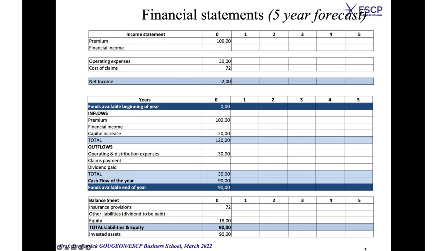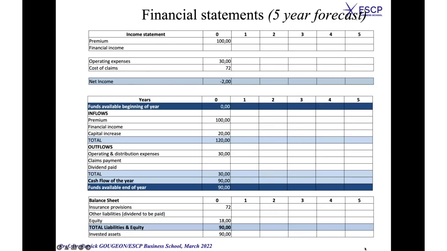So the cash flow for year 0, the immediate cash flow when you start, is 90. Why? You have 100 of premium, you had 20 of equity which is injected, and you take out 30 which are the first operating expenses: 90.